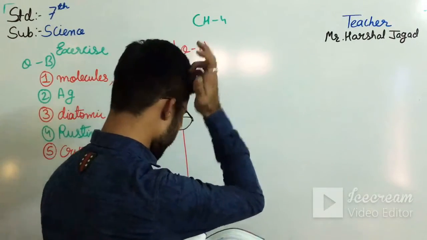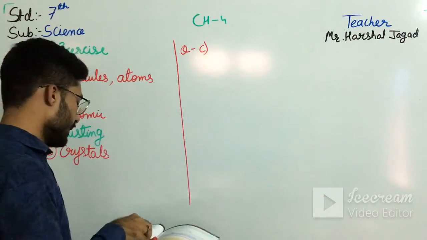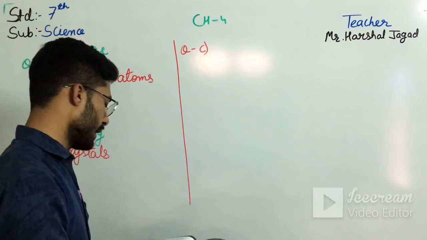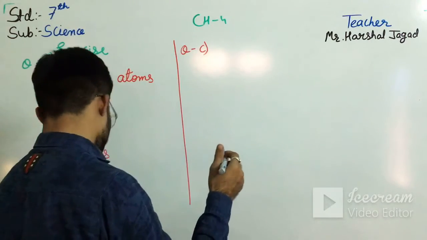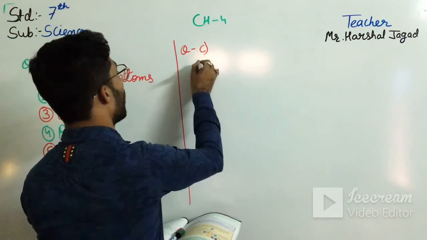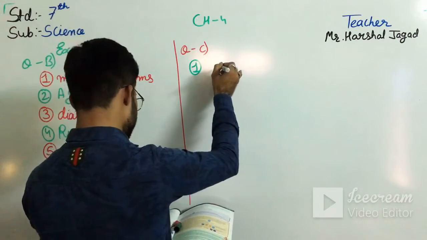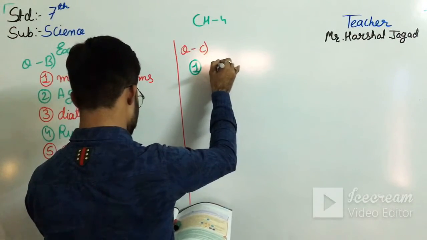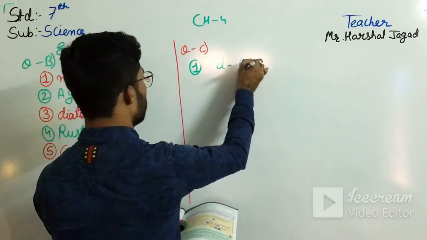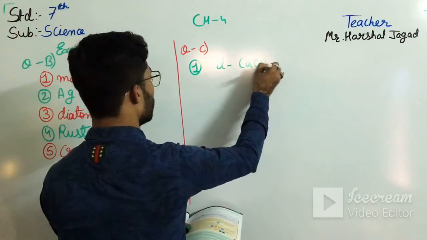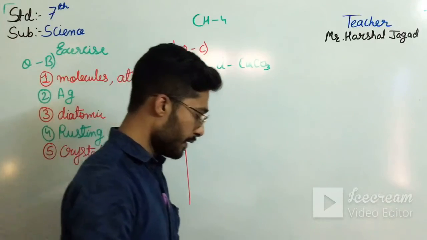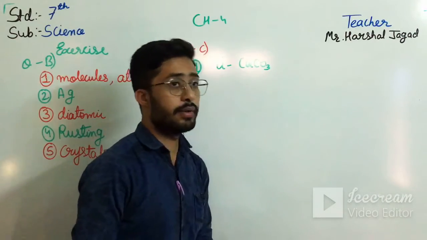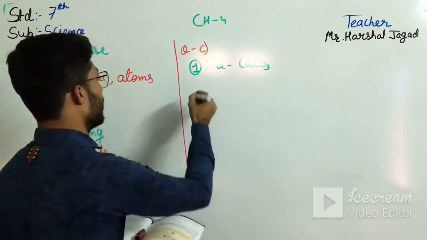In that, the first one, that is calcium carbonate. What is the formula for calcium carbonate? That is CaCO3. That is first D, that is CaCO3. Second one, that is nitric acid. We know that nitric acid, that is second one.